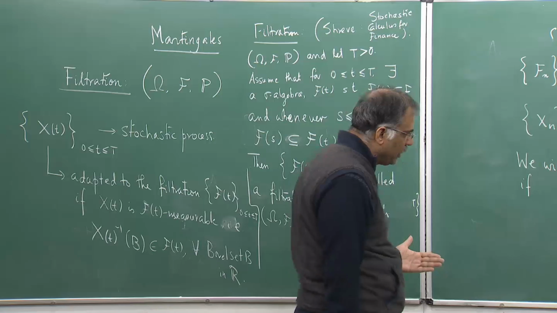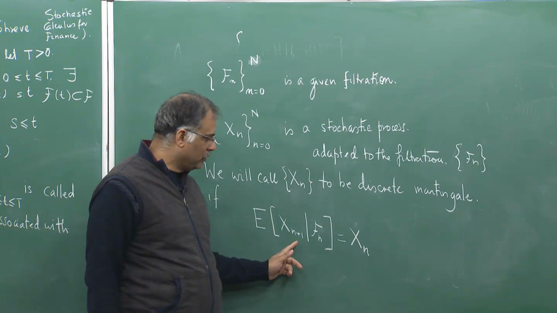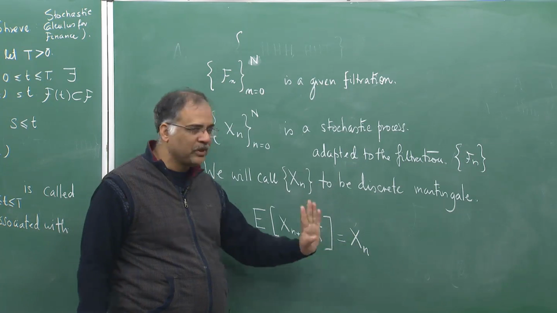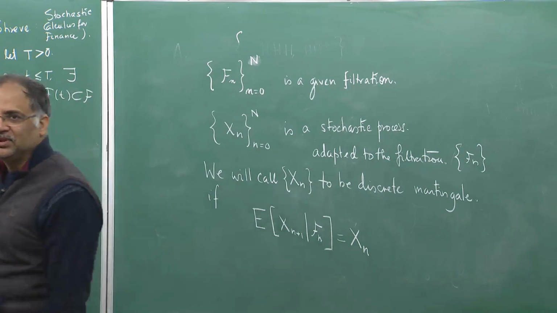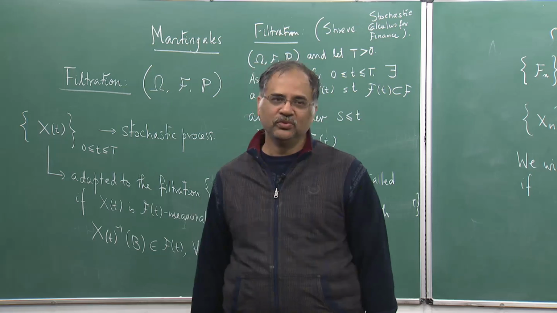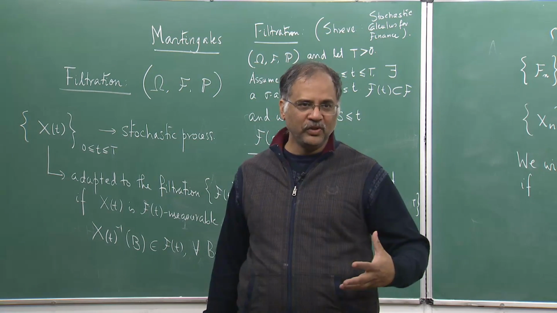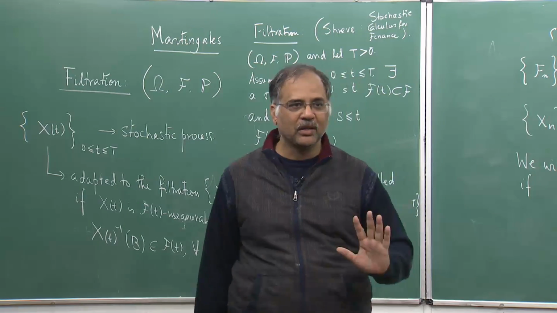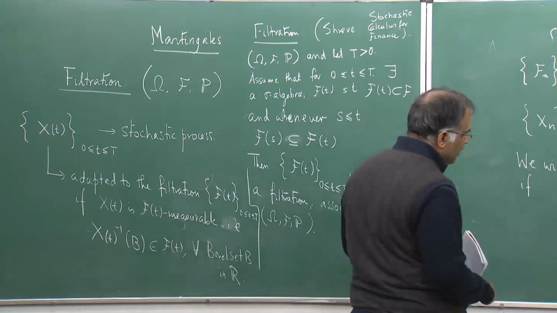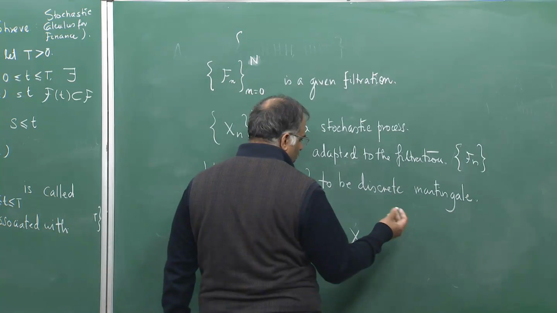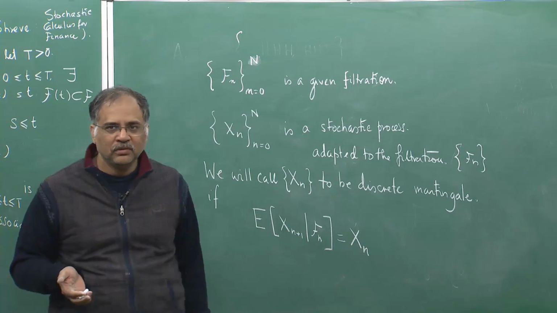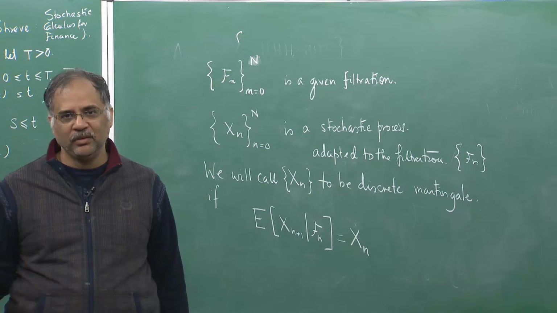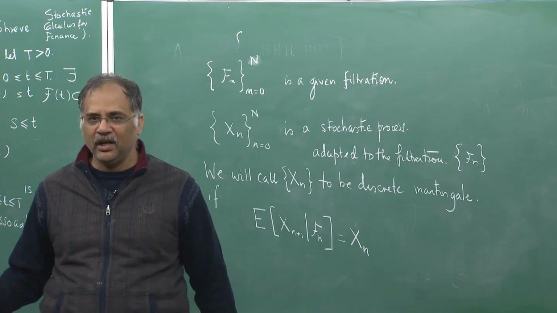But when I am going to do it at the (n+1)th instant, conditioning on the fact that this is known, this is my answer. And I cannot expect to improve. If I improve, then I call it a supermartingale. If I do badly, then I call it a submartingale. So this is what one should expect: I can only expect to do as much as I did last time. My payoff would be as much as I had last time, nothing else.